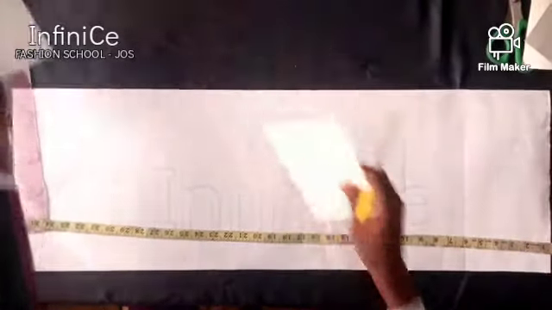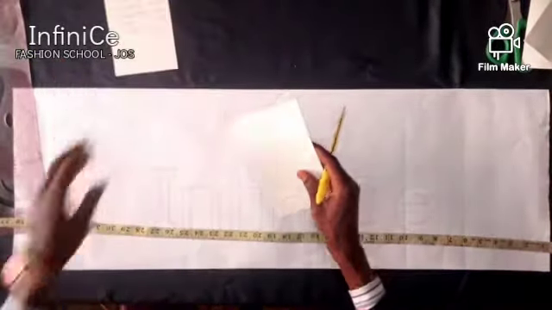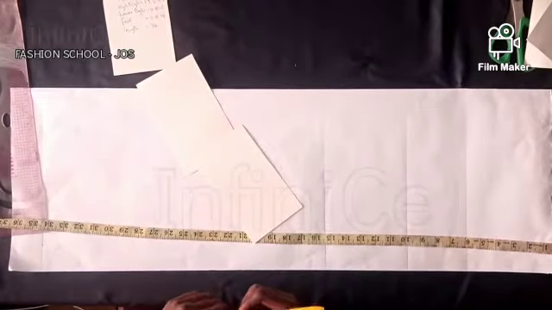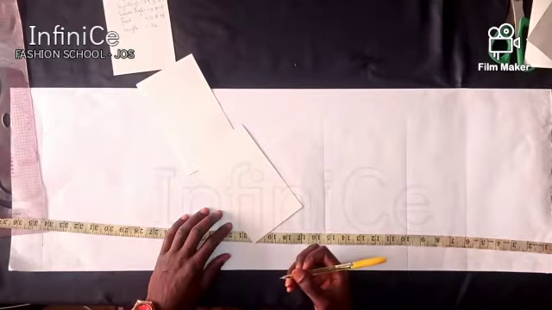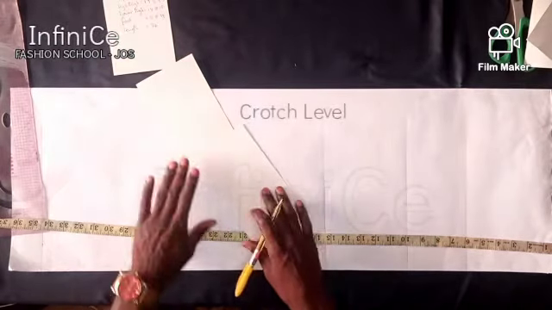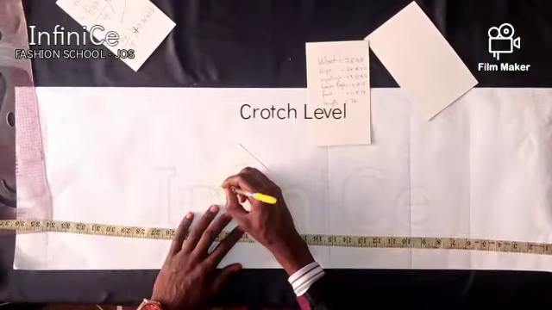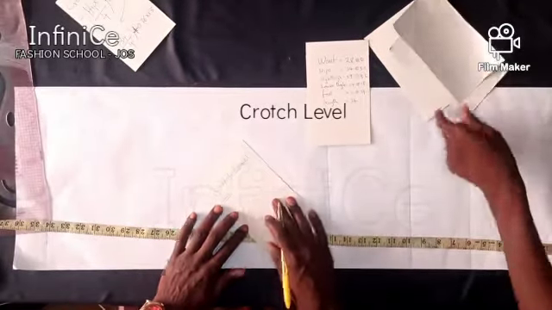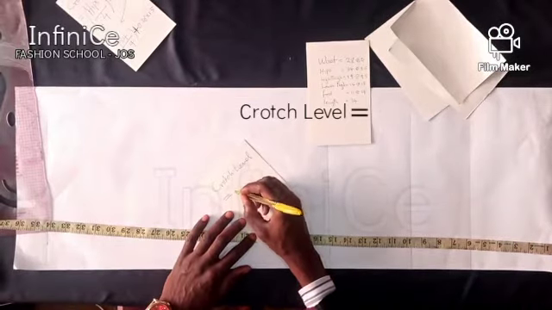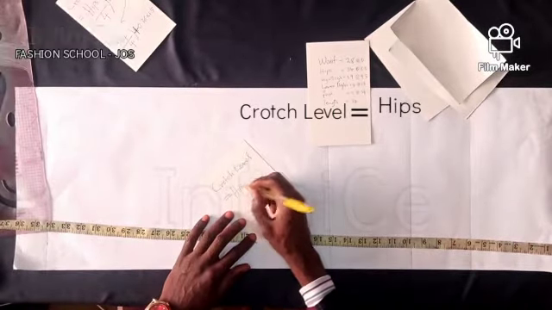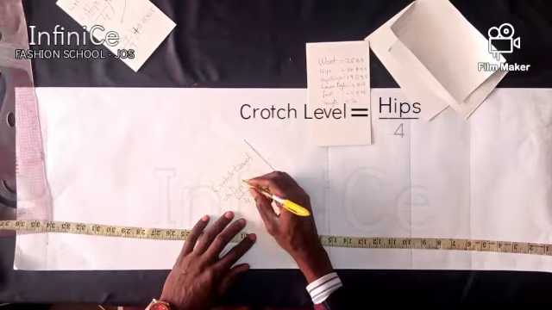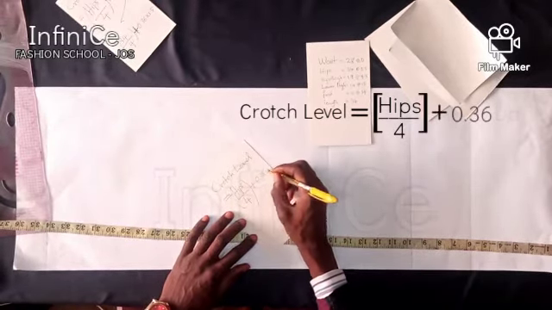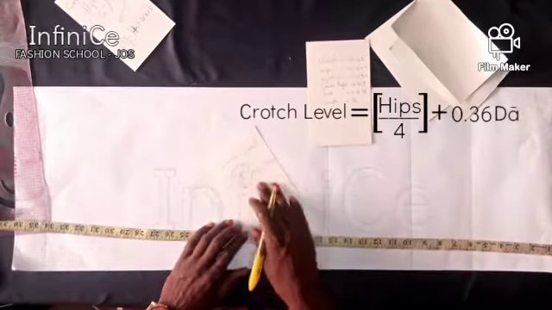The additional levels that we're going to be calculating is that of the crotch level, right? Crotch level is equal to hips divided by 4 plus 0.36 dA.